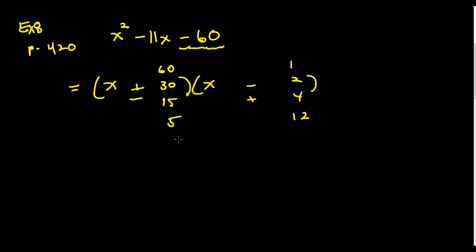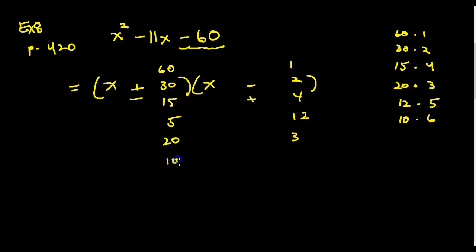What else? 20 times 3 is a possibility. 12 times 5 I already listed. 10 times 6 is a possibility. And plus we've got to consider different options for the signs in between, either plus minus or minus plus.